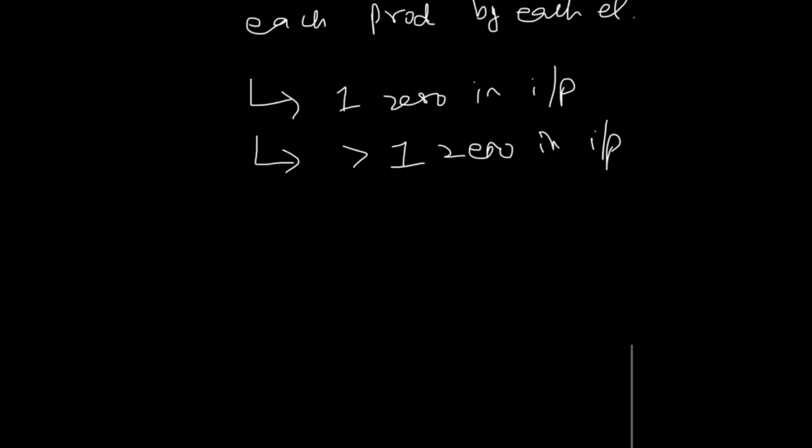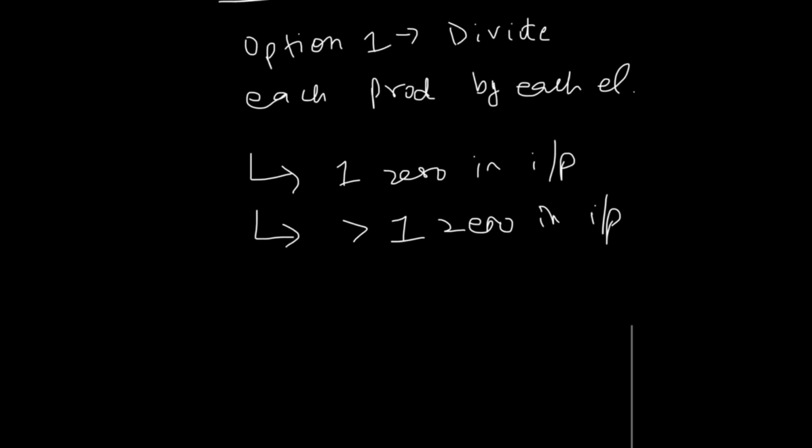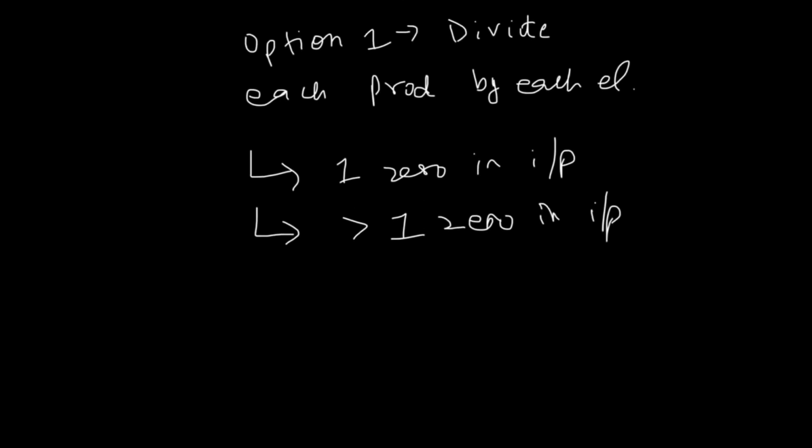And basically how this will pan out is we'll have, let's say, an array 1, 2, 4, 6. Now without the zeros, we want to iterate through all the elements and then divide the product by each element.